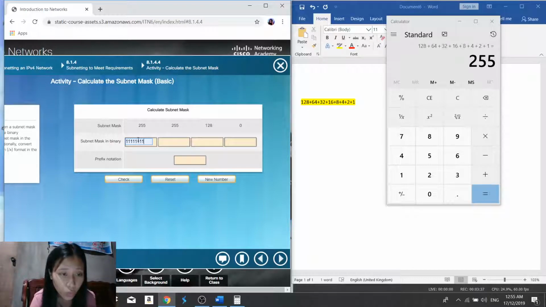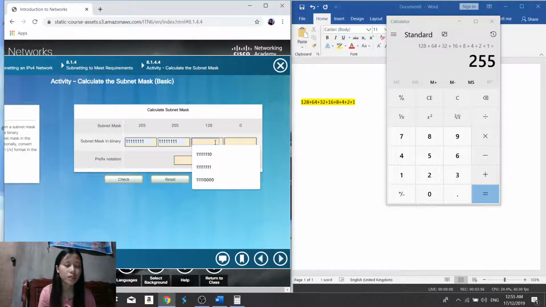So we have to put eight 1s, because it's complete and has a total of 255. It's the same as the second one, which is 255 in total. And then the third one needed the 128.